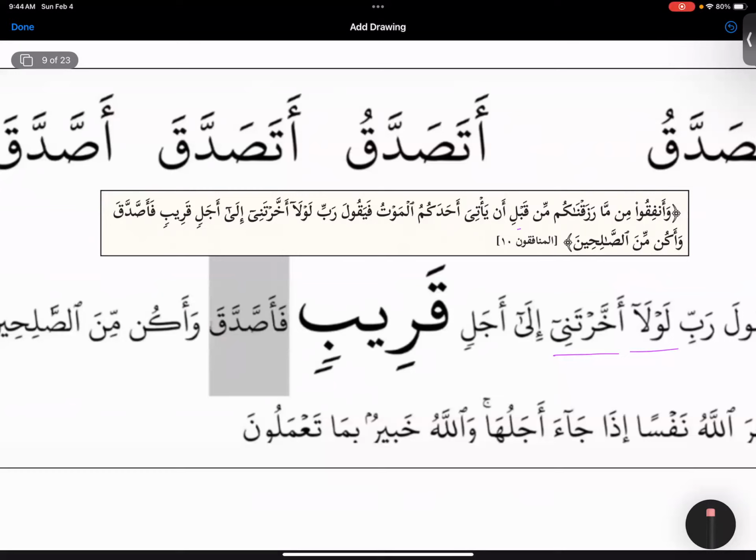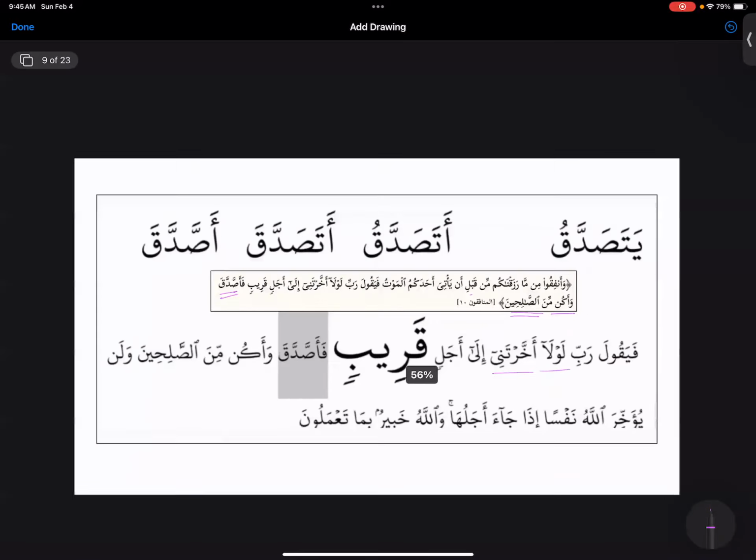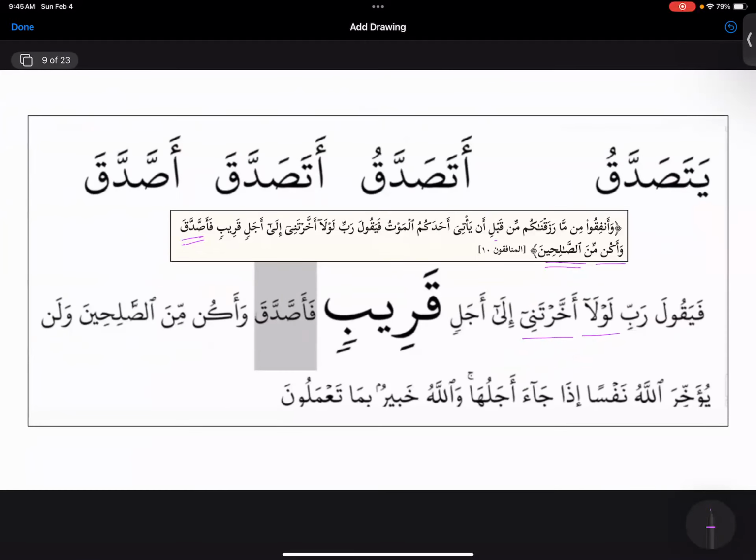But fa'aswaddaka is mansoob, and akun is supposed to be mansoob. It's supposed to be akuna, but it was made different. The separation is made that yes, you can give charity, but you won't be able to be salihin immediately, right? So wa'akum minas salihin, that is made different over here.